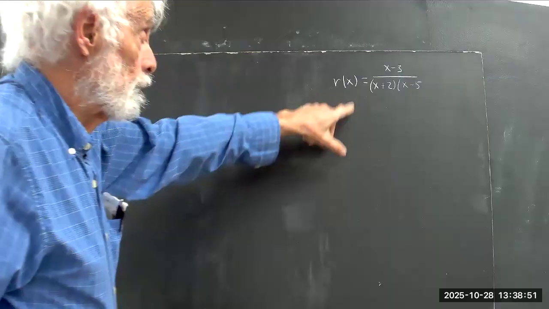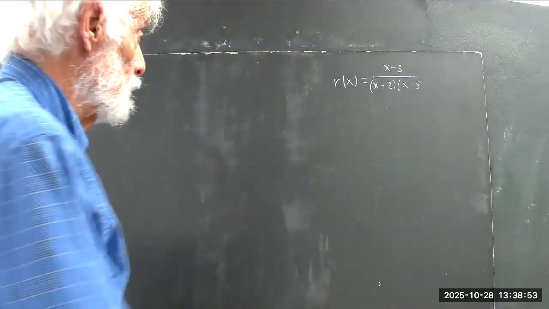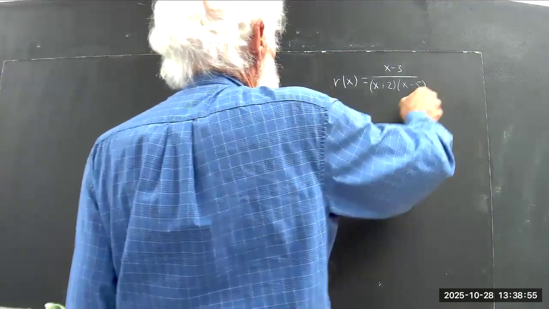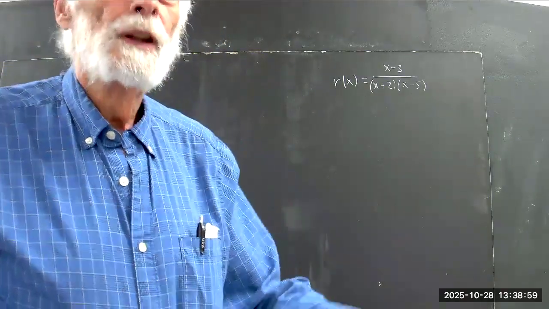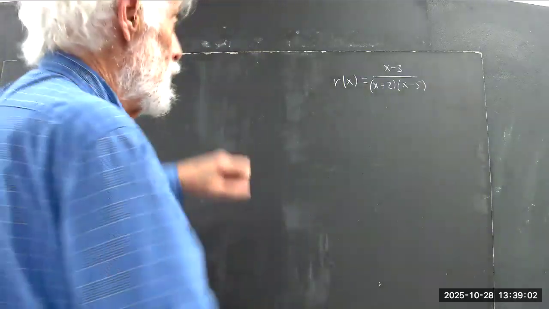Anyhow, okay. R of x is x minus 3 over x plus 2 times x minus 5. Now, I'm not going to write out the details because you know how to write out the details. I'll just tell you.